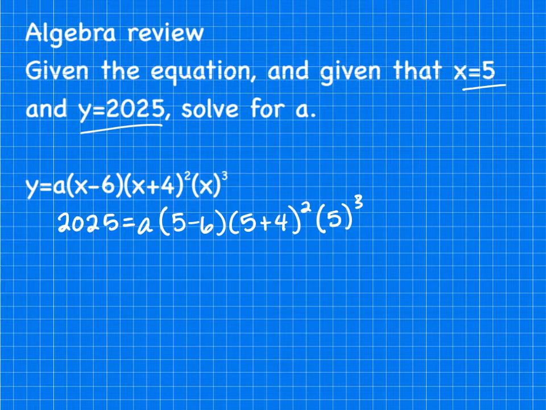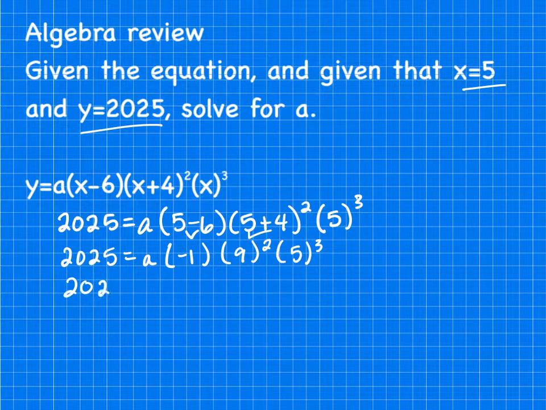So then I need to simplify and solve. So I'm going to show every step in here. So 2025 equals a times -1, because 5 minus 6 is -1. 9 squared, because of the 5 plus 4. And then 5 cubed. So what I just did was everything in the parentheses. 2025 equals a times -1 times 81 times 125.